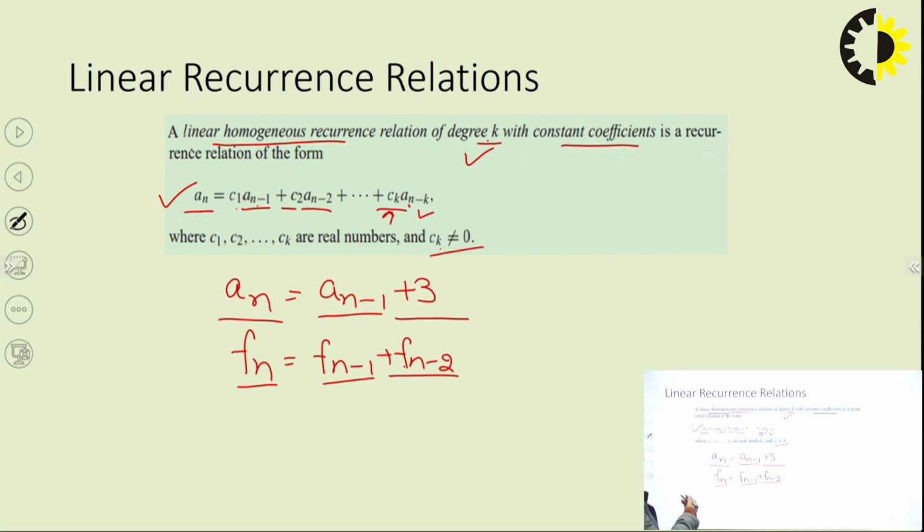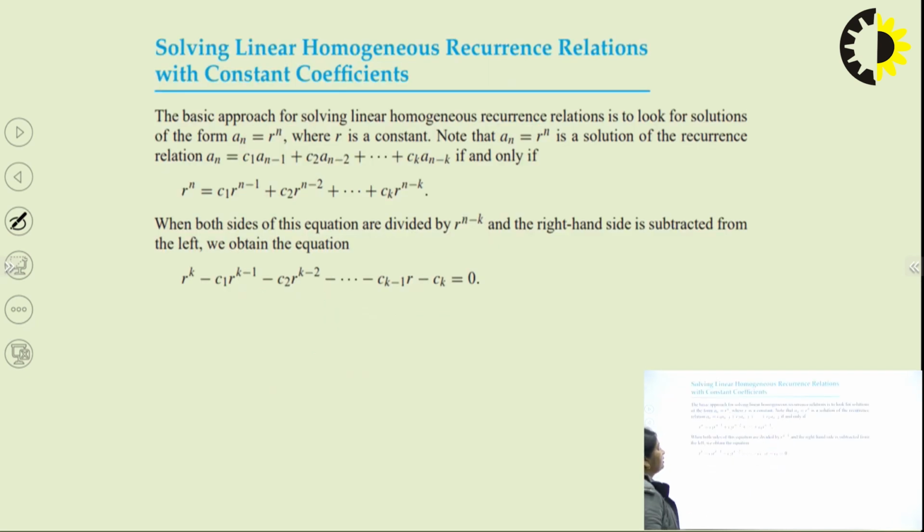Okay. So, let us start with the linear homogeneous recurrence relation of degree k. We are going to solve linear homogeneous recurrence relations with constant coefficients. The coefficients are also constant.